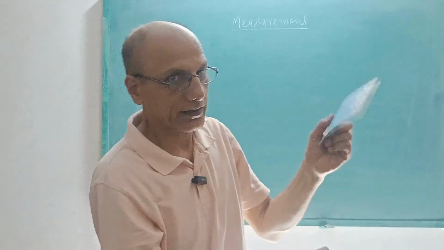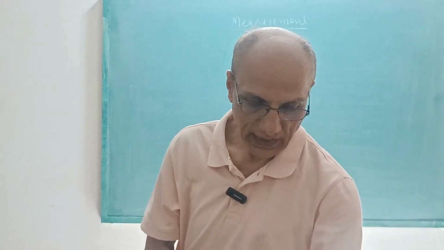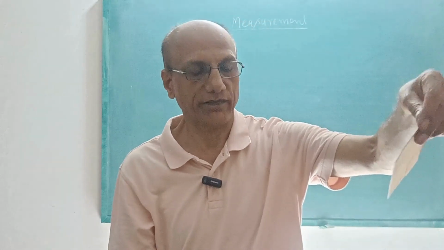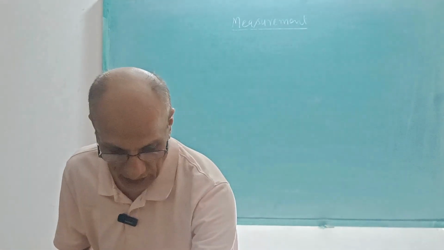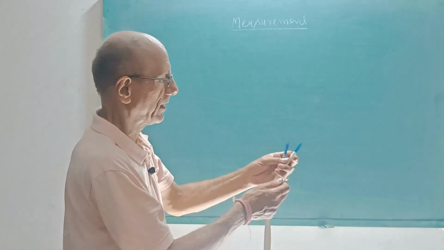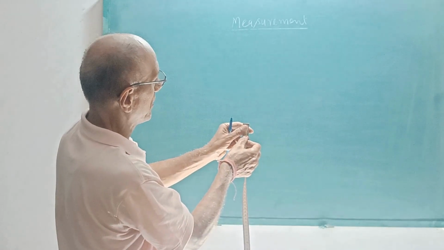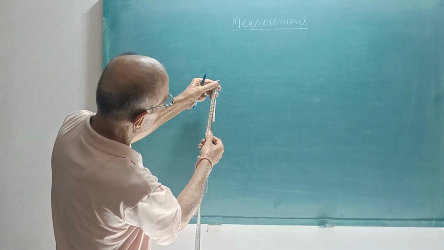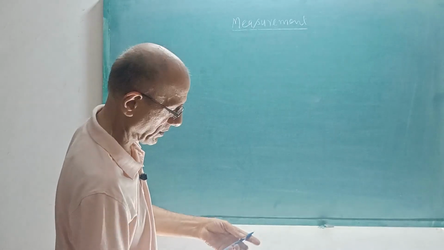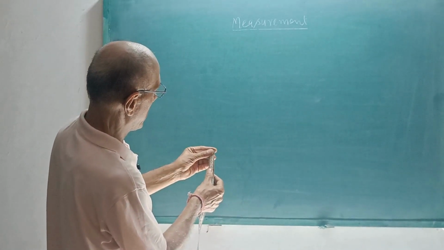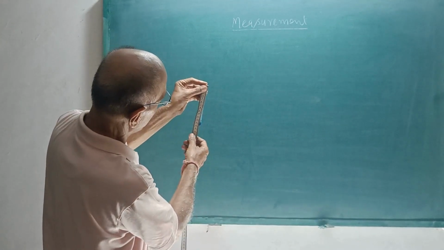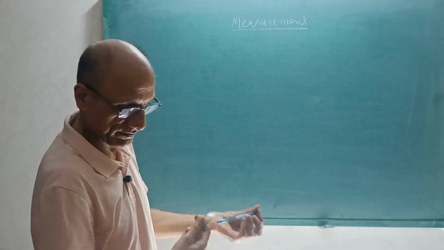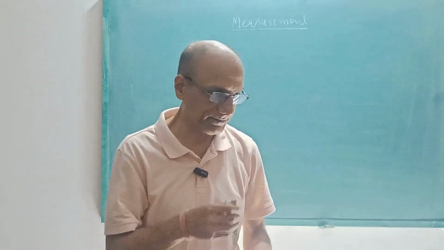So this way, maximum breadth, then middle, and the minimum breadth. Again, you can even measure this pen. You can just have it here. So this pen is around 14.2, and here it is 13.5. So this way, this is also done.